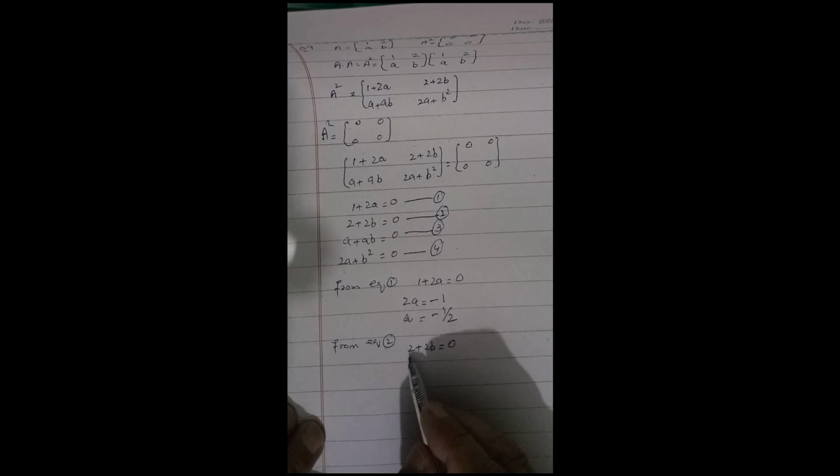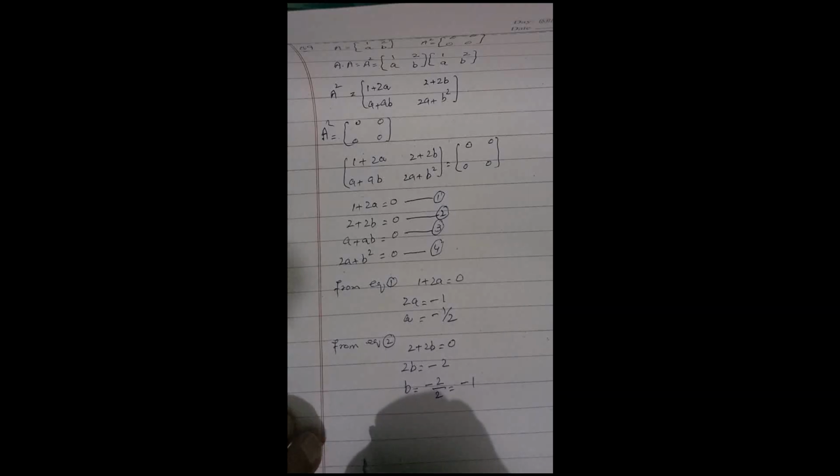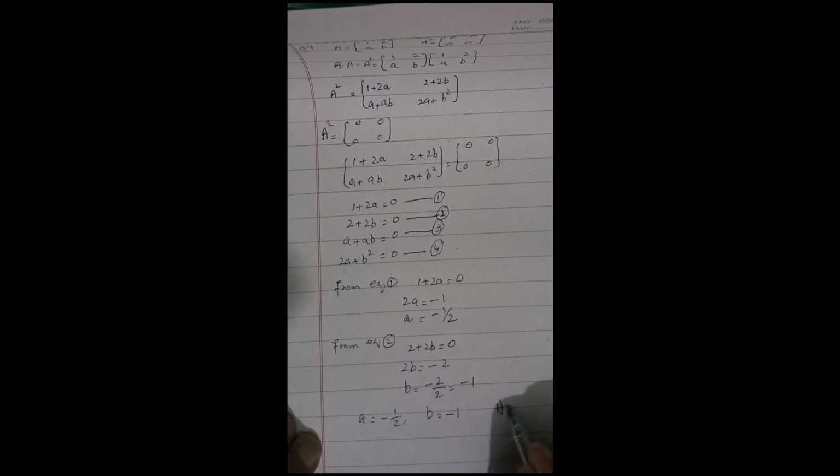Shifting the 2 to the other side, we get 2b is equal to minus 2, and b is equal to minus 2 over 2, which is minus 1. So hence a is equal to minus 1 over 2, and b is equal to minus 1. And this is the answer to your question.